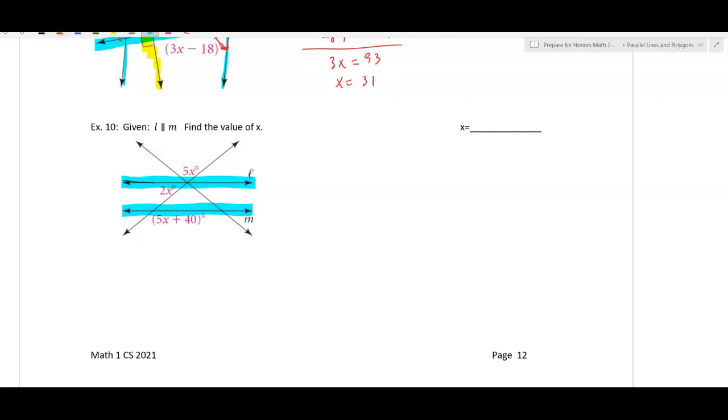And if I draw an arc in this angle, and I draw an arc in this angle, and I use this transversal, I know if that's 2x, this is 2x. Now what do 2x and 5x plus 40 have to do? They have to add up to 180. So 2x plus 5x plus 40 adds up to 180. 7x equals 140. X is equal to 20.